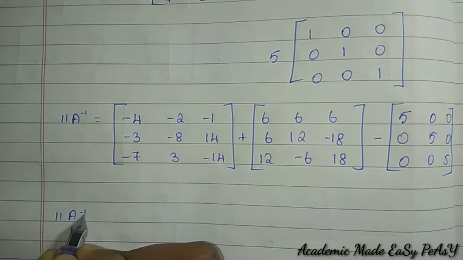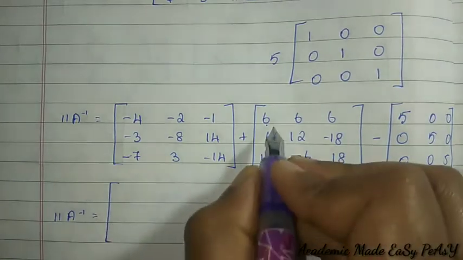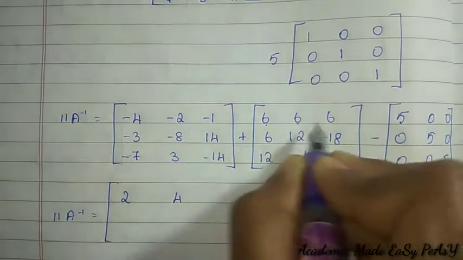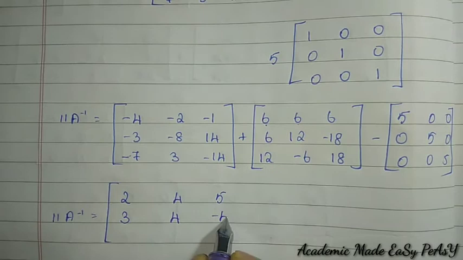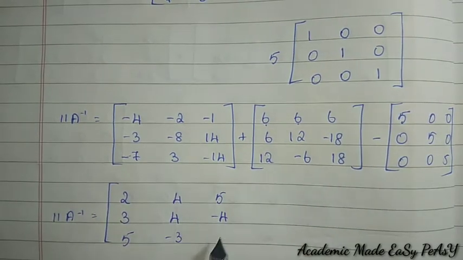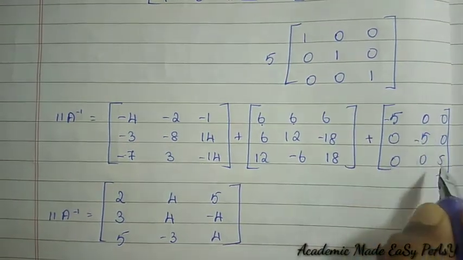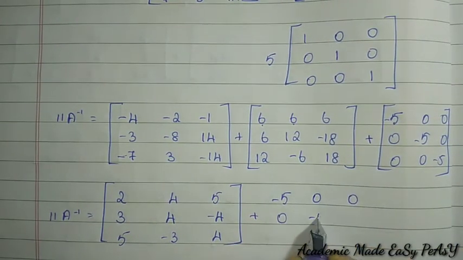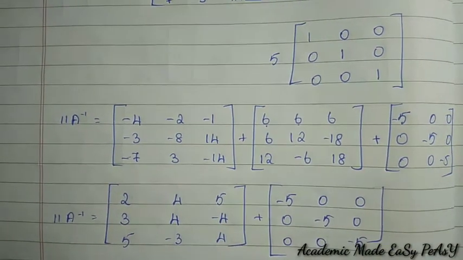So 11 A inverse is equal to: minus 4 plus 6 is 2, minus 2 plus 6 is 4, minus 1, 5, here 3, 4, minus 4, 5, minus 3, 4. Here I will take the minus sign inside: minus, minus, minus, so plus, minus 5, 0, 0, 0, minus 5, 0, 0, 0, minus 5. Now I will be subtracting.